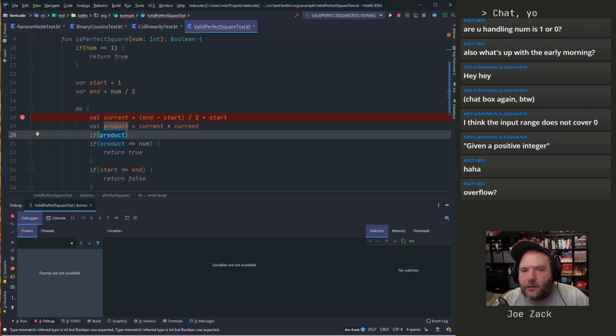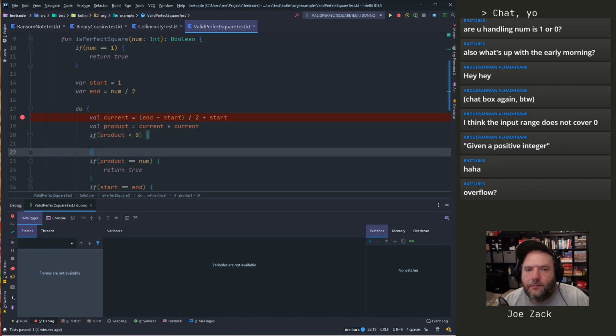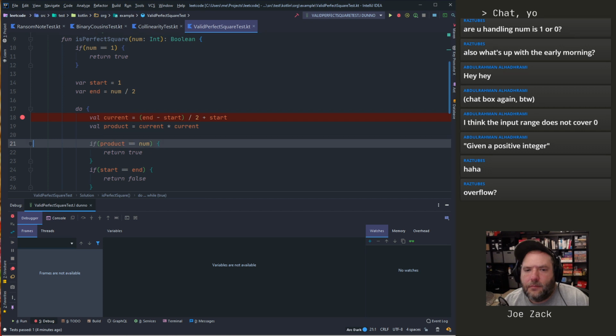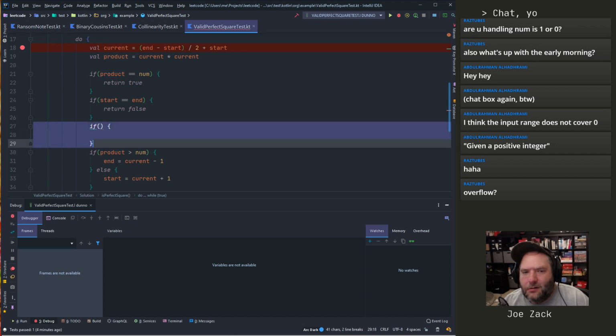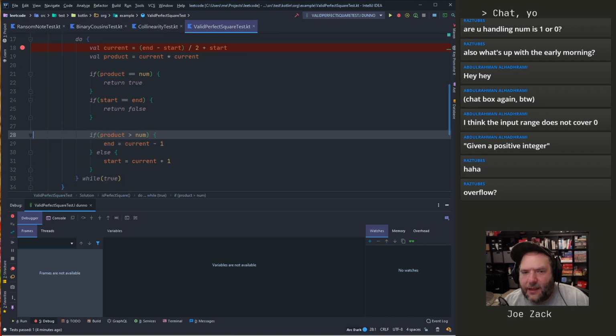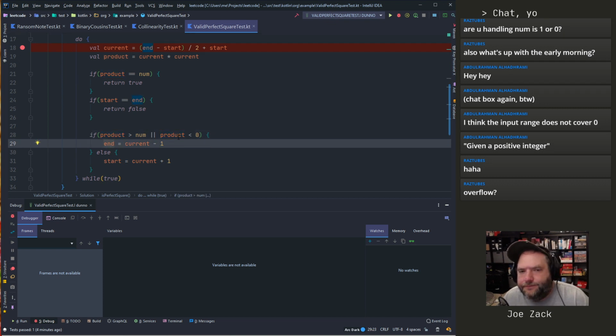So if the product is less than 0, then we know it's too big. So I kind of hate it, but if it's greater than our number or it's less than 0, then we shrink it.